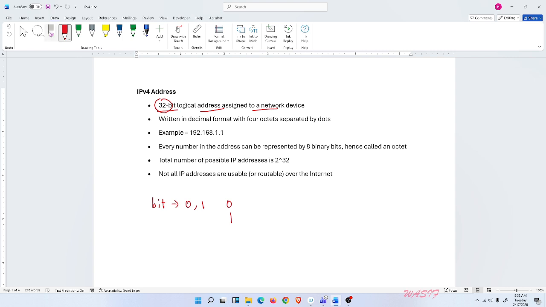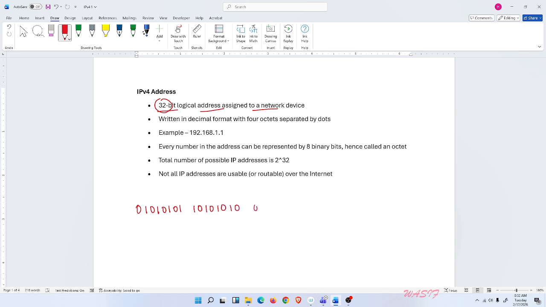So let me just do it this way. Let me write something: 0 1 0 1 0 1 0 1. Let me also write something like 1 0 1 0 1 0 1 0.